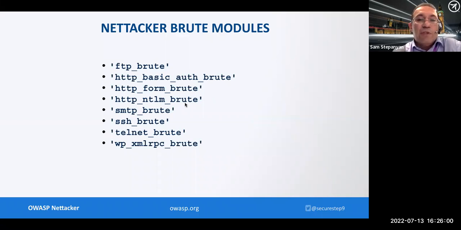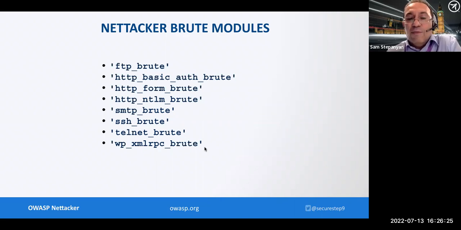HTTP NTLM brute forcing performs brute forcing using the HTTP NTLM protocol, which, for example, Microsoft IIS server uses. SMTP brute forcing will brute force using the SMTP protocol, or mail protocol. SSH, of course, will perform brute forcing using SSH. We also have Telnet brute forcing, and another very useful and interesting module, WordPress XML-RPC brute forcing.